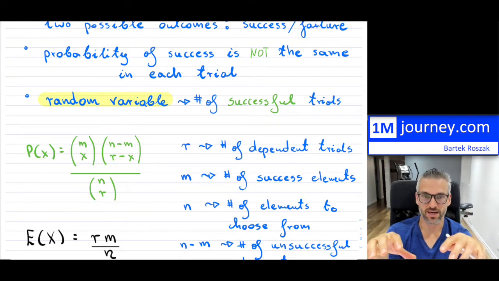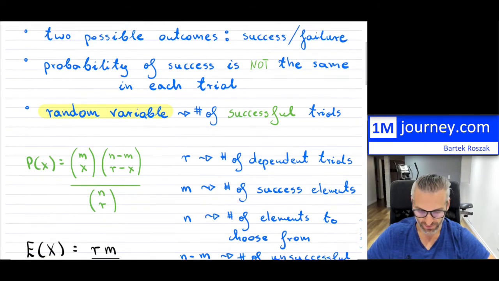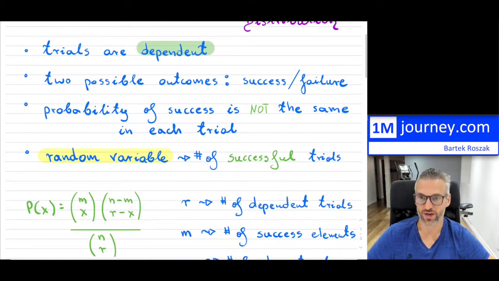So for this hypergeometric distribution, it's kind of the same. I'm going to come back to all of this. Where trials are dependent, success and failure, I think it's fine as long as you've watched the binomial and the geometric distribution, so that won't cause you too many headaches.